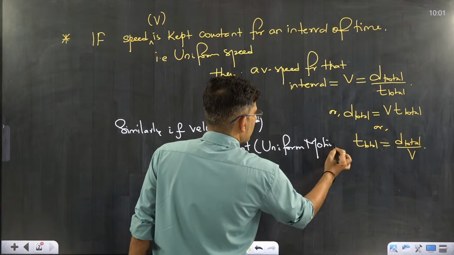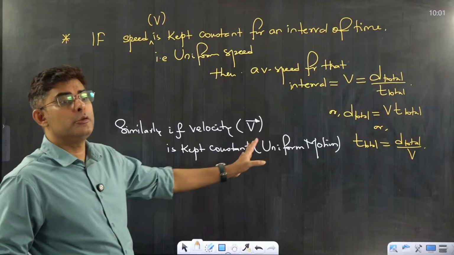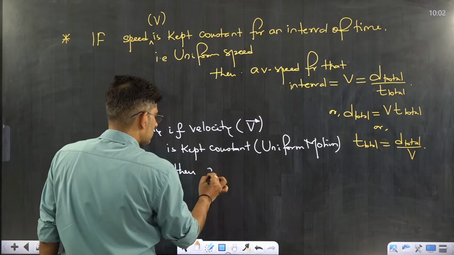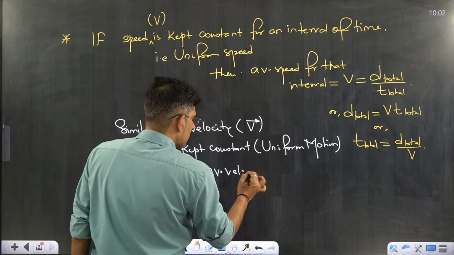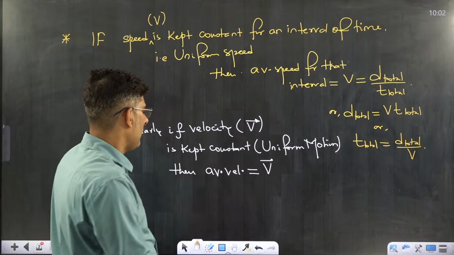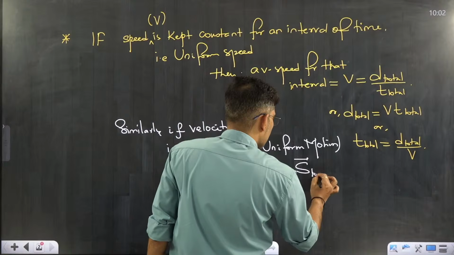In the language of physics we call it uniform motion. Then average velocity will also be equal to the velocity.